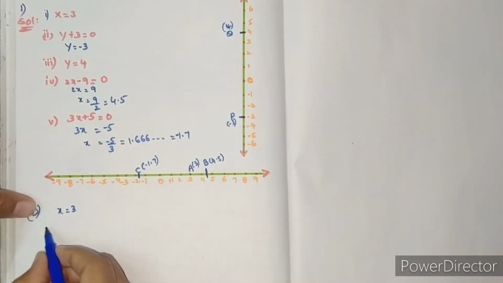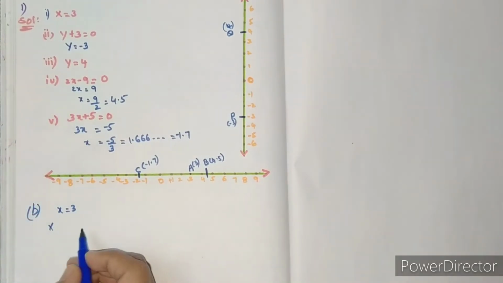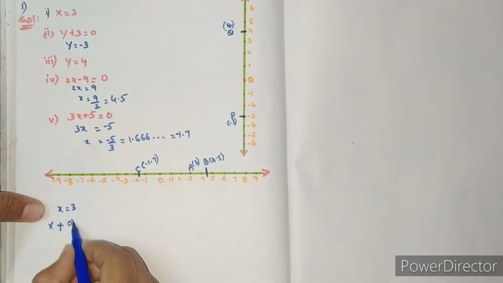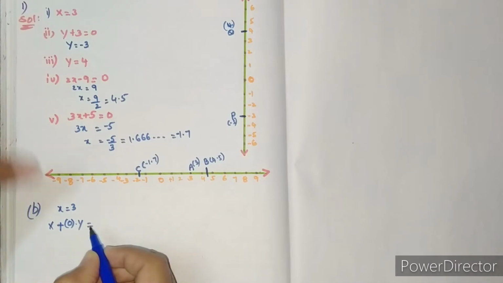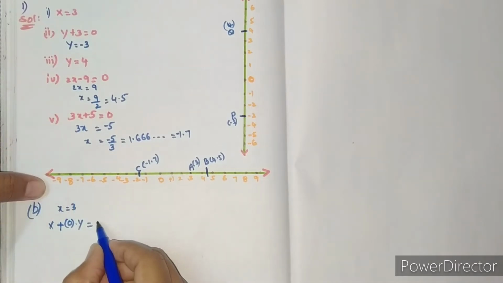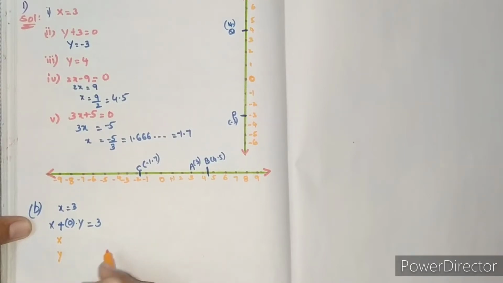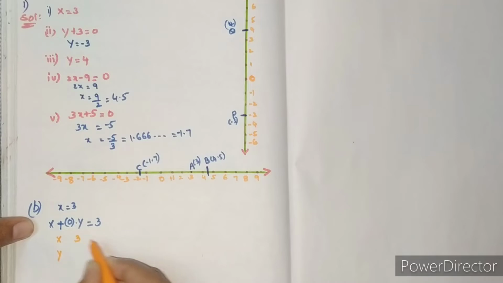X is equal to 3. How can we write it as a linear equation in two variables? X plus 0 into y. There is no y, so we are taking it as 0 equals 3. So x is always 3, and the y value is changing.